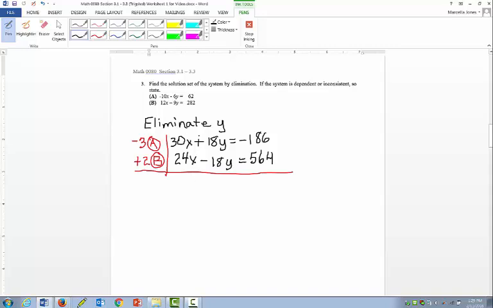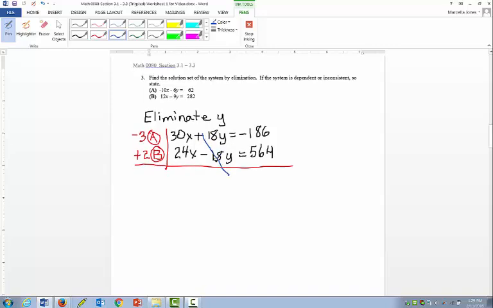Now I'm going to add the equations together, because when I add these together, 18y and -18y are going to add to 0. So I get 54x equals -186 plus 564.